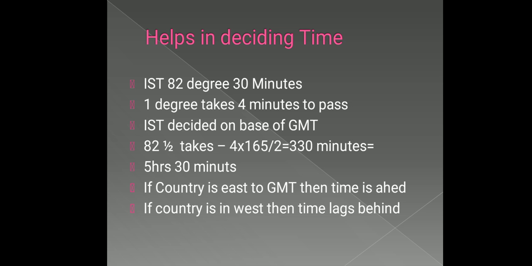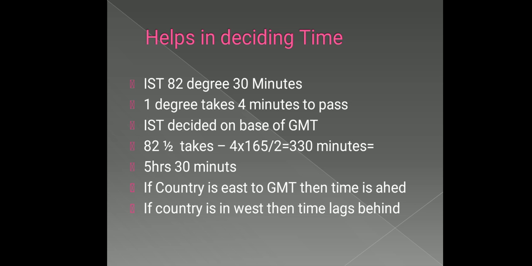So I told you that 1 degree takes 4 minutes to pass the sun. In this way, if you solve it, 82 degree 30 minutes will be equal to 330 minutes. That means 5 hours and 30 minutes. If a country is in the east of GMT, then time is ahead. If a country is in the west, then time lags behind.